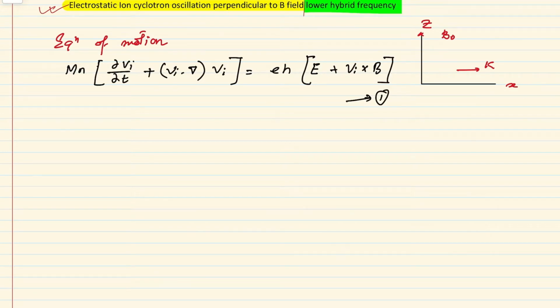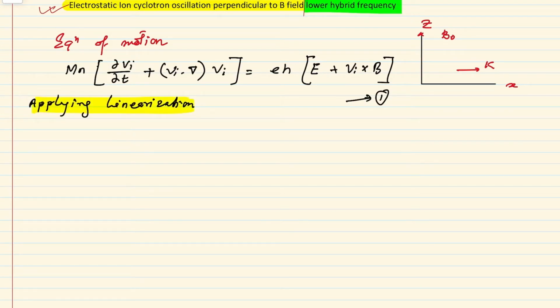Again we are going to apply linearization. I'm not going to show the linearization method in detail, since it is the same as the last case, just with ions instead of electrons.